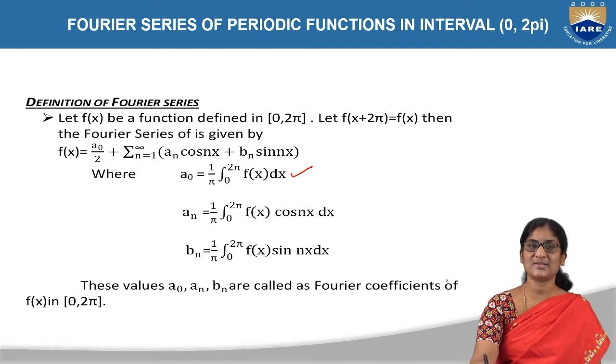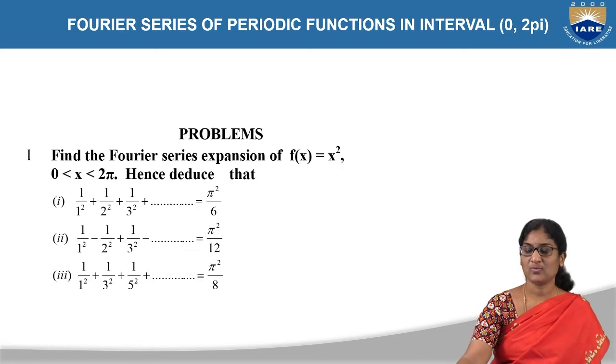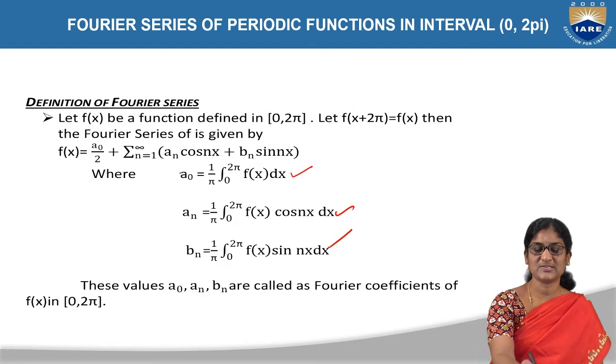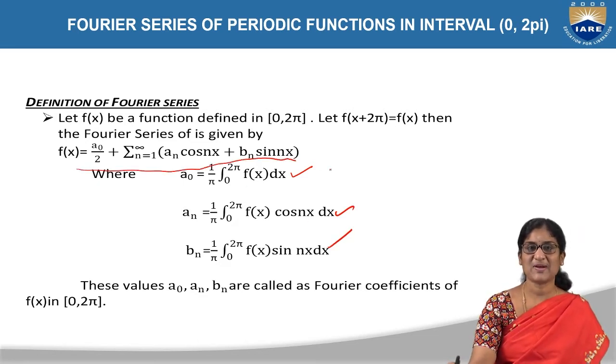Not only in this interval 0 to 2 pi, for any interval they are considered as Fourier coefficients, but first we are considering the interval 0 to 2 pi to expand any function in terms of the Fourier series. So what we need to do is find the three Fourier coefficients and substitute in the f of x formula to get the Fourier expansion.